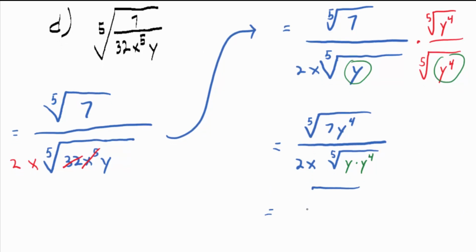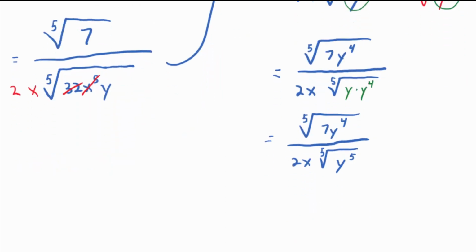So then you'd get the fifth root of 7y to the fourth divided by 2x times the fifth root of y to the fifth. And then the fifth root of y to the fifth is just y, and the radical goes away.